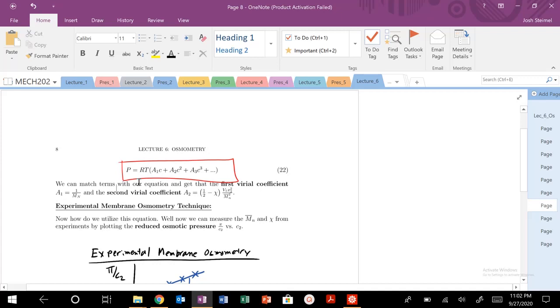The virial expansion is a very general equation. It expresses the pressure of a many-particle system in equilibrium as a power series in the number density, or concentration.